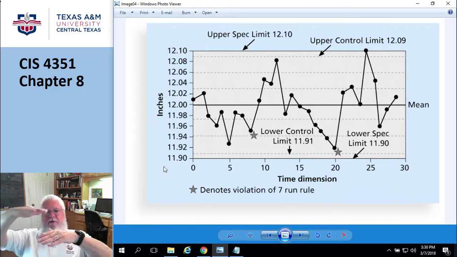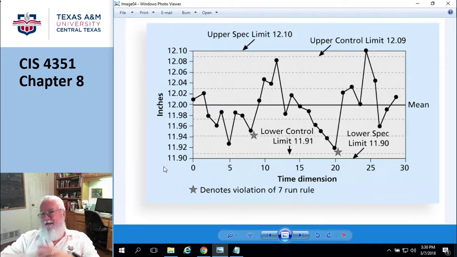We're going to start changing the upper limit and the lower limit. We're going to start pulling it in. So that's what Six Sigma is all about: as you get better, you do better. And you just keep going and going and going.